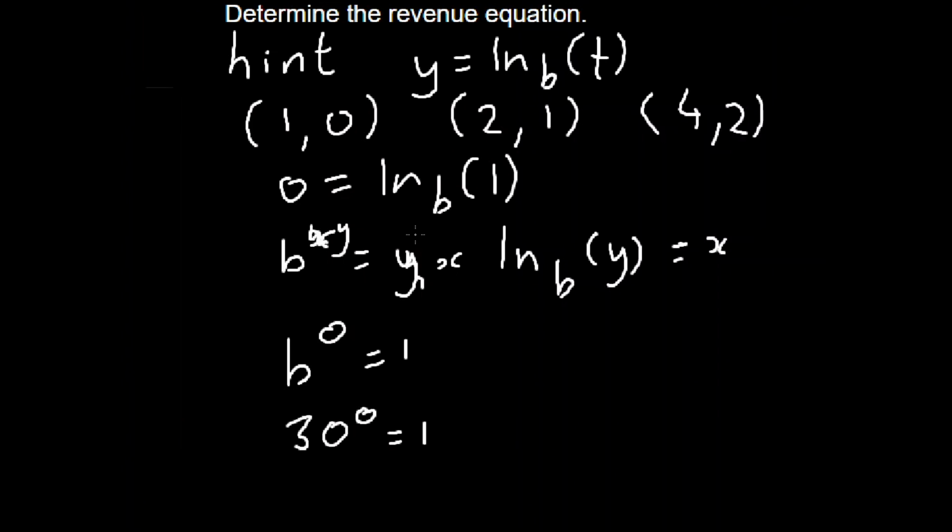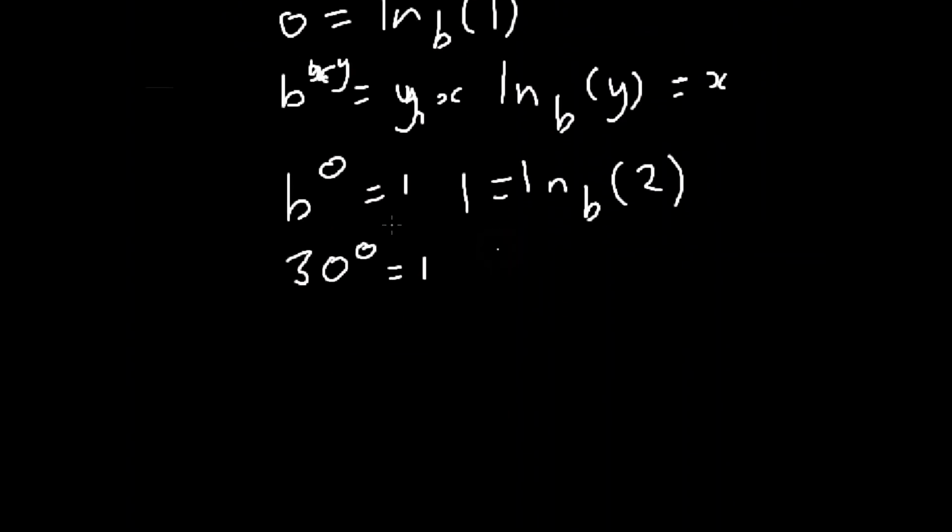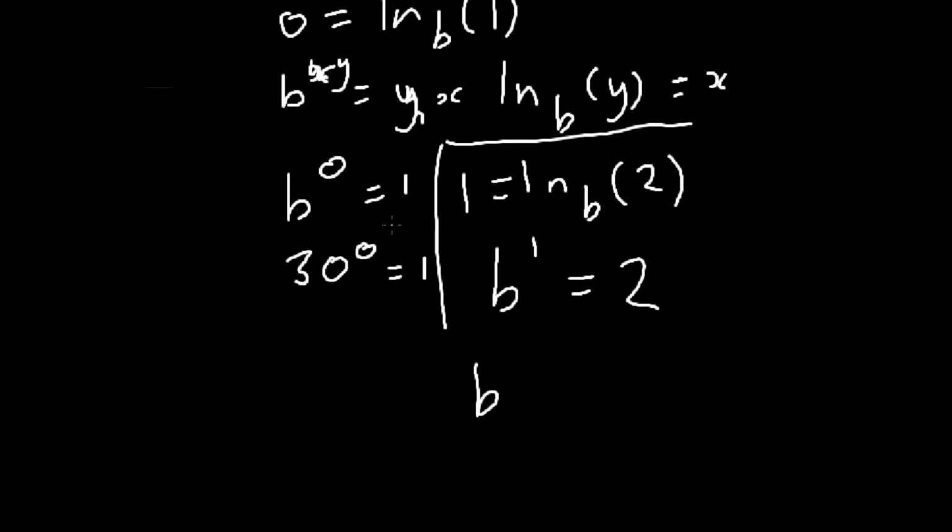Maybe let's substitute in when x is equal to 2. So if we've got log base b, don't know what b is, of that value of 2, and that's all equal to 1. Now, what we can do is flip it across so that we have b to the power of 1 is equal to 2. Okay, so now we can solve for b. We can say that b is equal to 2, and that is our final equation.